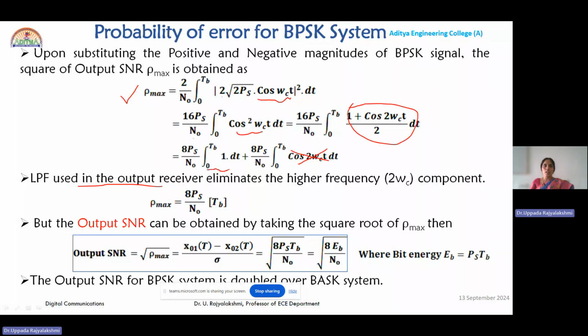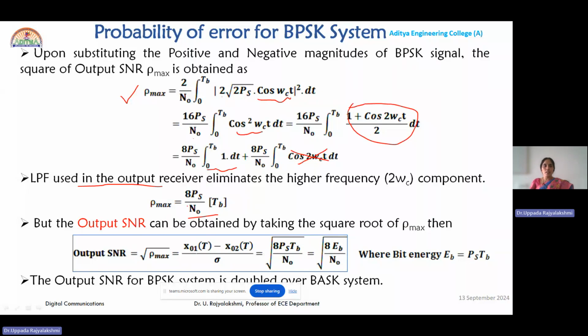So that is t within the limits 0 to Tb. Upon applying the limits, you will get Tb. So 8 Ps into Tb divided by N naught. So output SNR can be obtained by taking the square root of rho max. So output SNR is equal to root rho max, which is equal to x01 of t minus x02 of t by sigma.